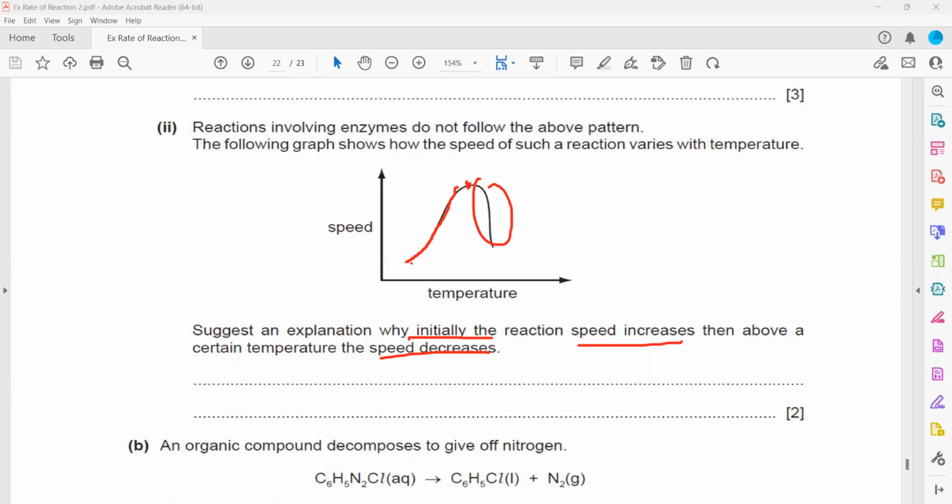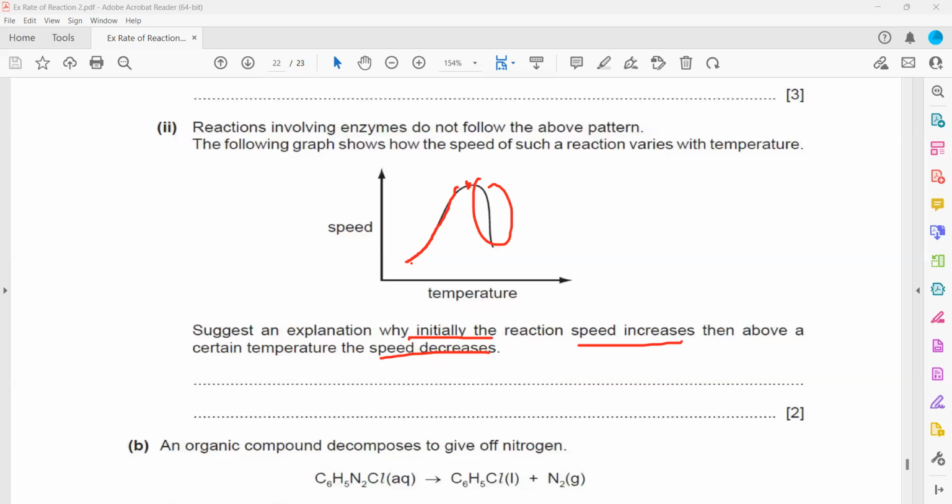So in the answer here you will mention enzymes are biological catalysts. They denature if the temperature changes, or you can say they are destroyed, but do not say killed. It's not the right term. The reaction increases with the temperature, the particles move faster.